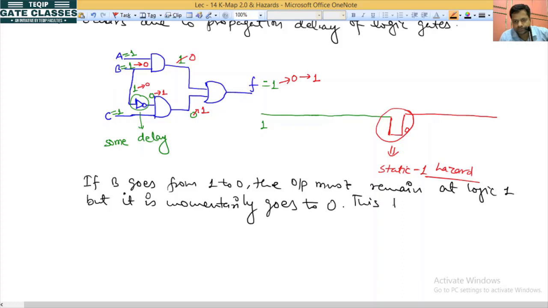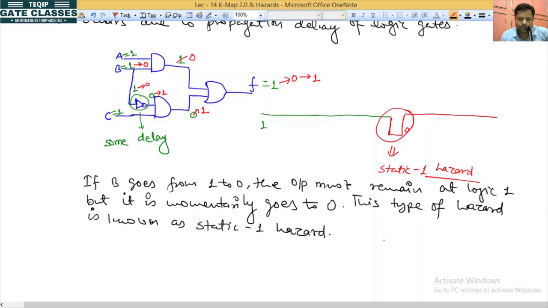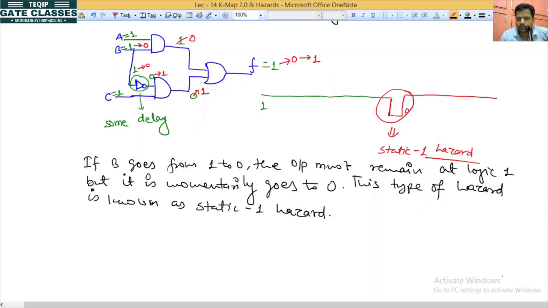This type of hazard is known as static 1 hazard. Why do we get this static 1 hazard? Because of the propagation delay of the NOT gate.